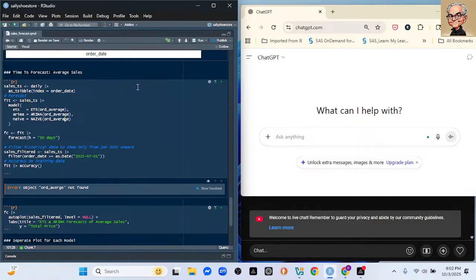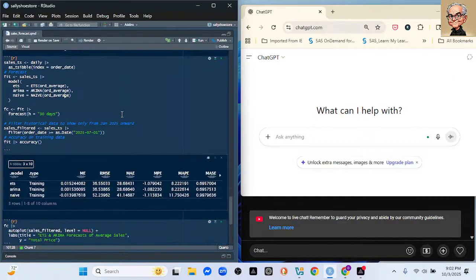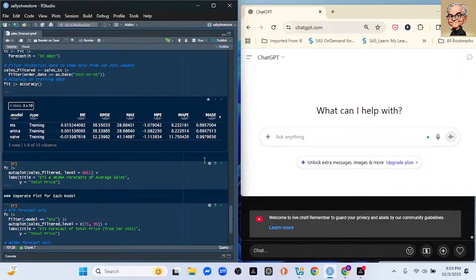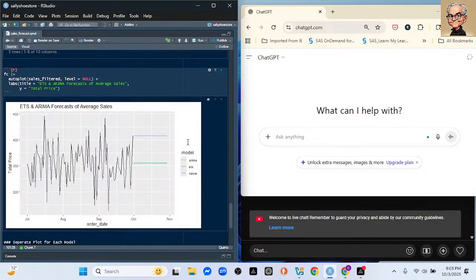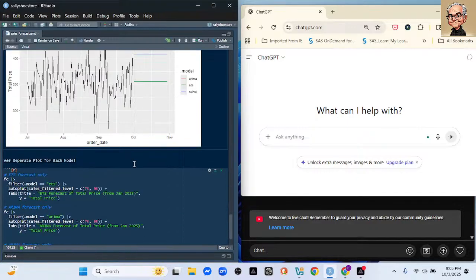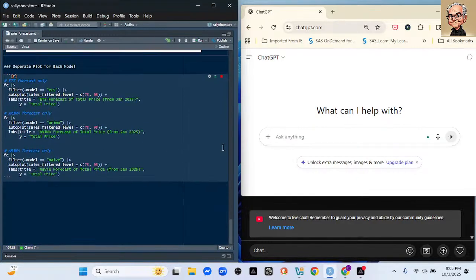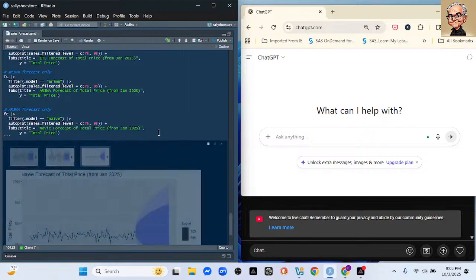Let's save that. Here's our statistics. They're really pretty close. Okay, here's the combination. See the red? That's the ARIMA way back in there. So let's come back here and take a look at the three models.